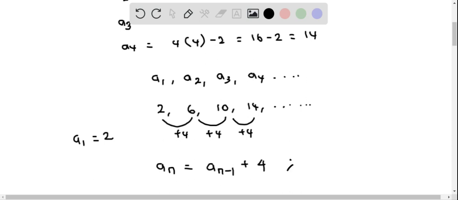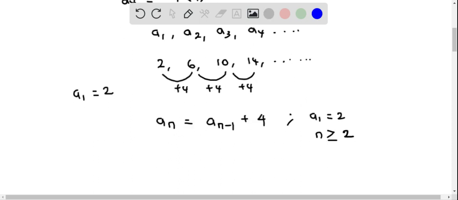And we will also indicate that a_1 equals 2, and also we have to give the condition for n. This recursive definition holds only when n is from 2, so n is greater than or equal to 2. So this is the recursive definition of the given sequence.